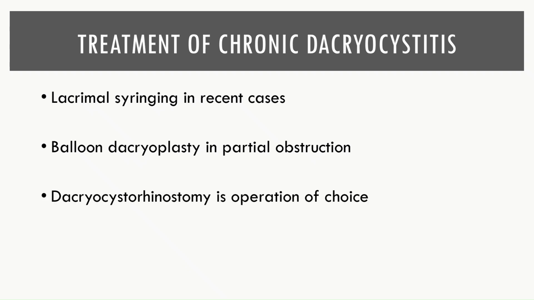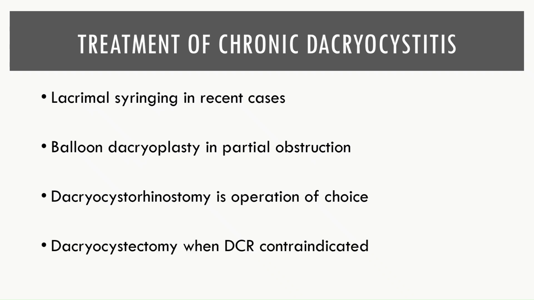Dacryocystorhinostomy is the operation of choice as it re-establishes the lacrimal drainage. However, before performing surgery, the infection, especially in pyocele, should be controlled by topical antibiotics and repeated lacrimal syringings. Dacryocystectomy should be performed only when dacryocystorhinostomy is contraindicated.